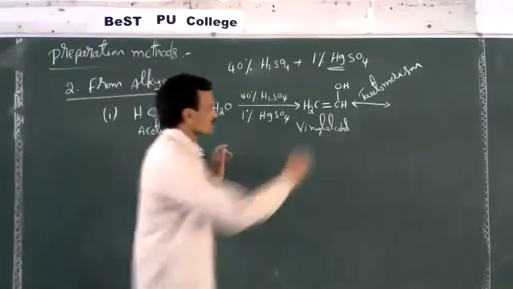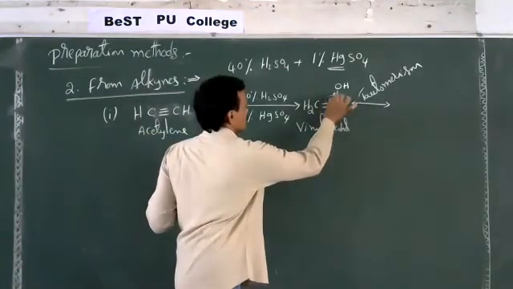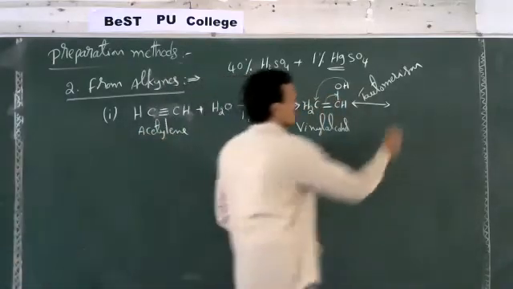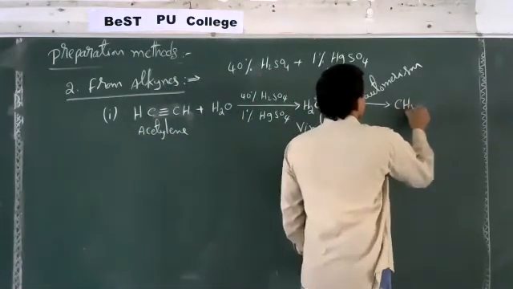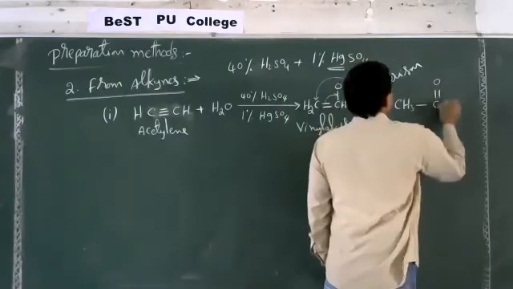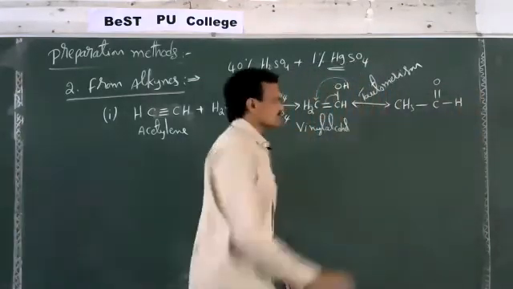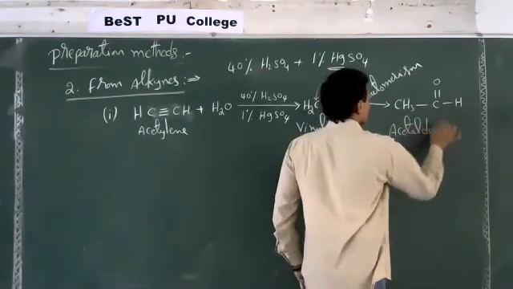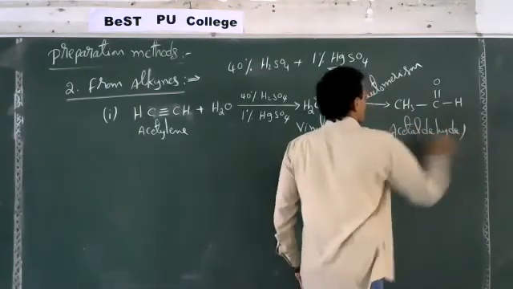Then the double bond will shift, and the hydrogen will shift to here. Then this compound becomes CH3CHO, which is nothing but acetaldehyde. Acetaldehyde will be formed here.